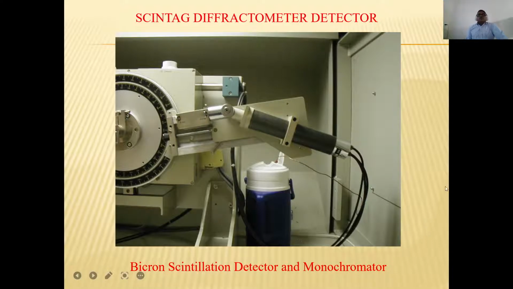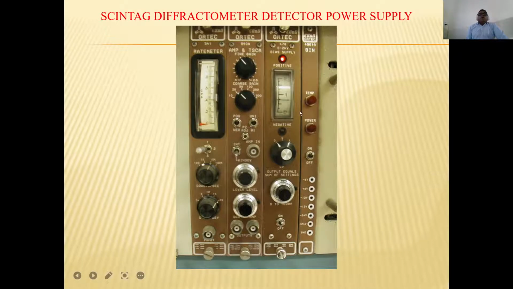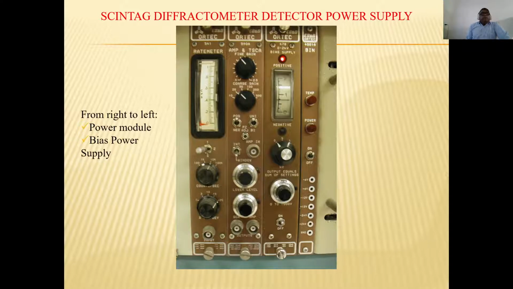Now the scintag diffractometer detector power supply is also the power supply for this detector. From right to left, power module, another, the bias power supply, another single amplifier, and the ratemeter, that is the counter.